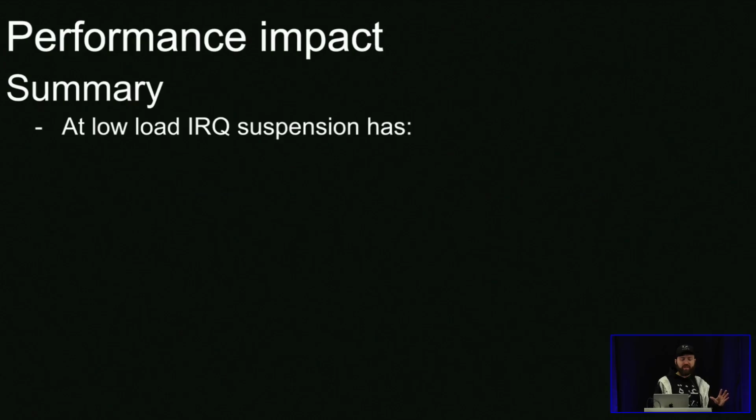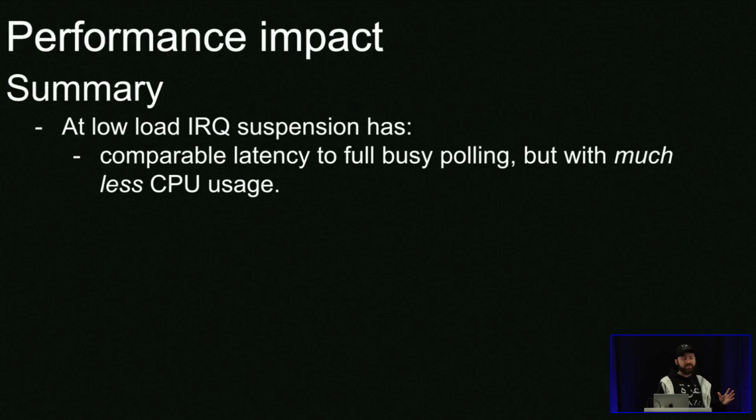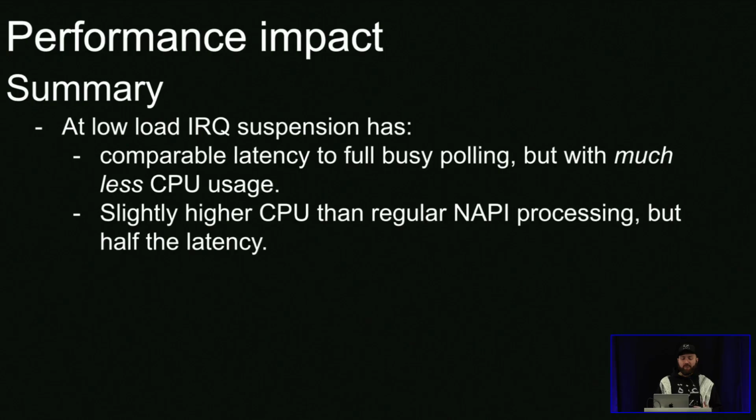is basically, the summary is essentially that at low load, IRQ suspension has comparable latency to full busy polling, but with much less CPU usage. So you're not just burning cores, doing nothing, putting carbon in the atmosphere and killing Earth. It has slightly higher CPU than NAPI processing, but you get half the average latency, or a quarter of the 99th percentile latency, which is pretty nice.